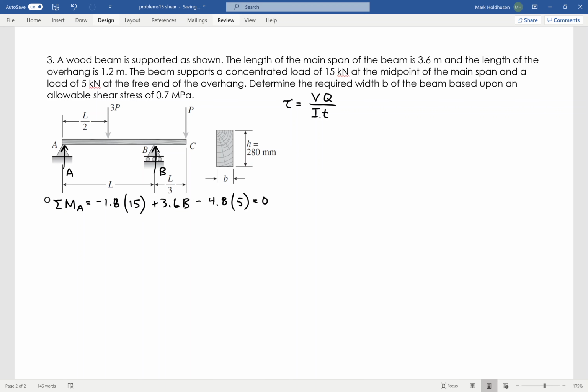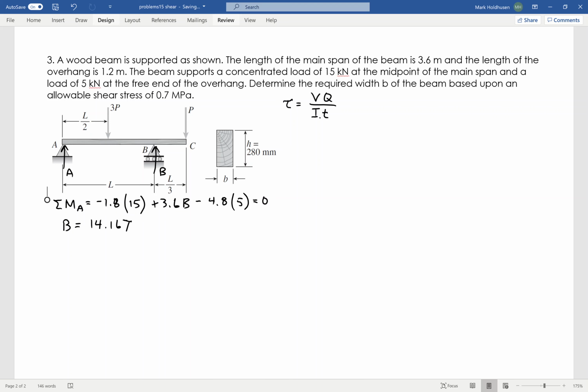From that, I learned that B equals, nope, wrong one, 14.167.